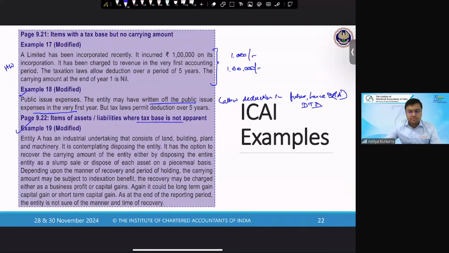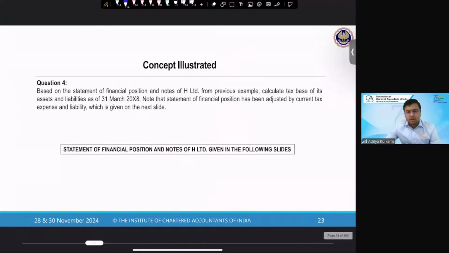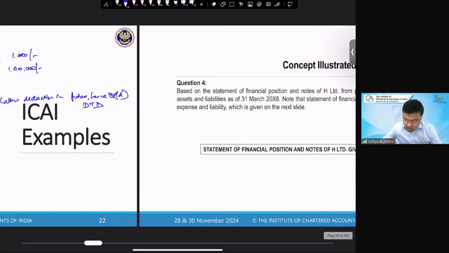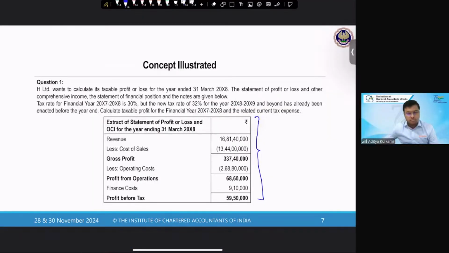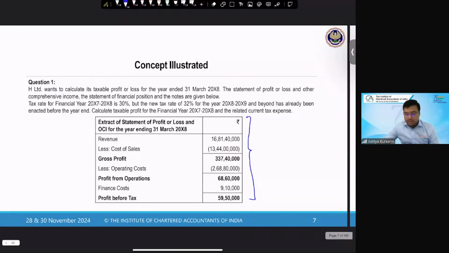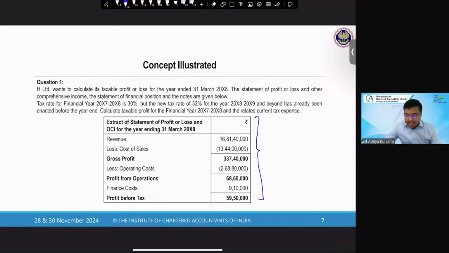Okay, fine. Now, you remember I had given you this particular question for homework. Yes, question number 1. So this same question I have extended to illustration 4.